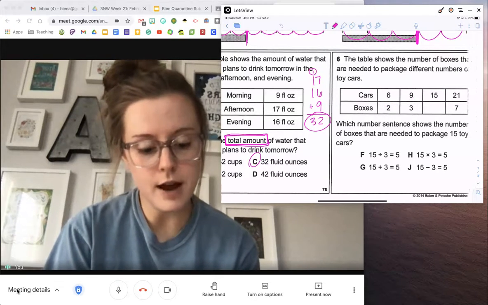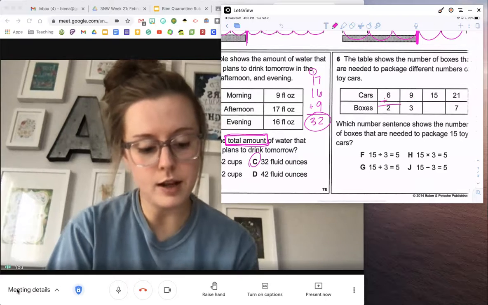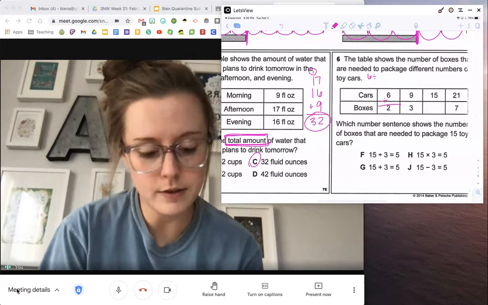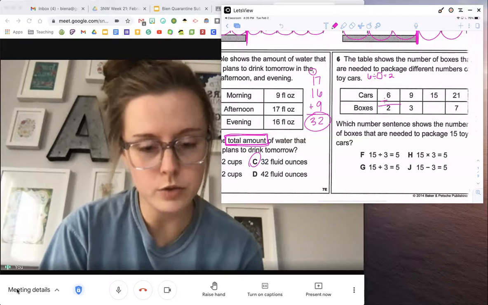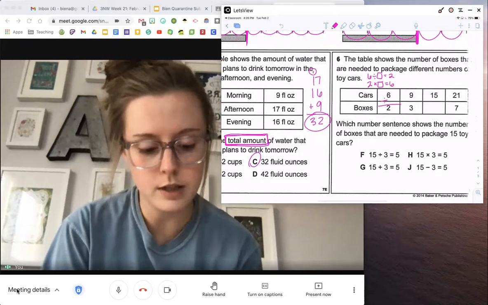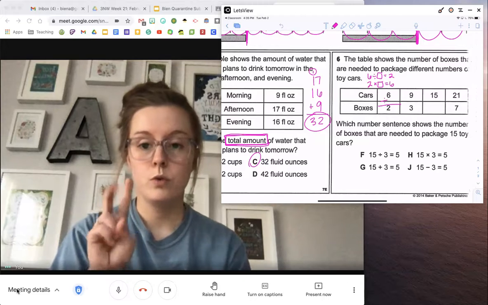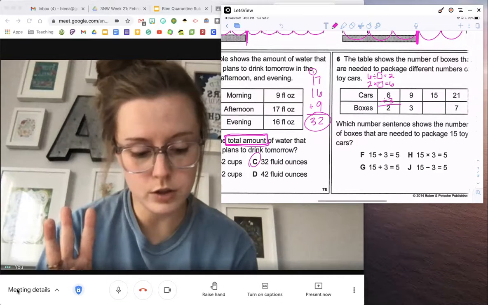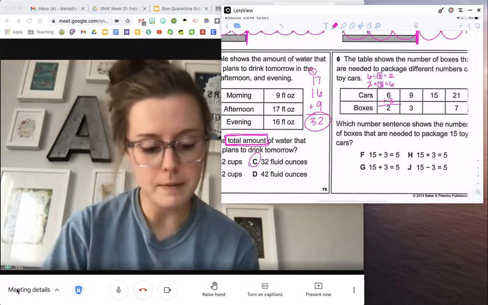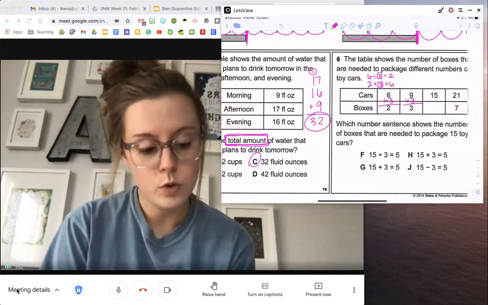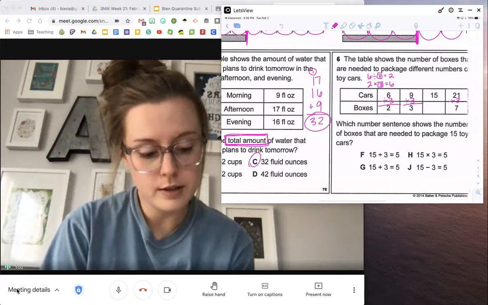So let's try dividing. 6 divided by something is 2. Okay, we'll flip it around. 2 times something equals 6. 2, 4, 6. So your rule is divided by 3. 9 divided by 3 is 3. 21 divided by 3 is 7.